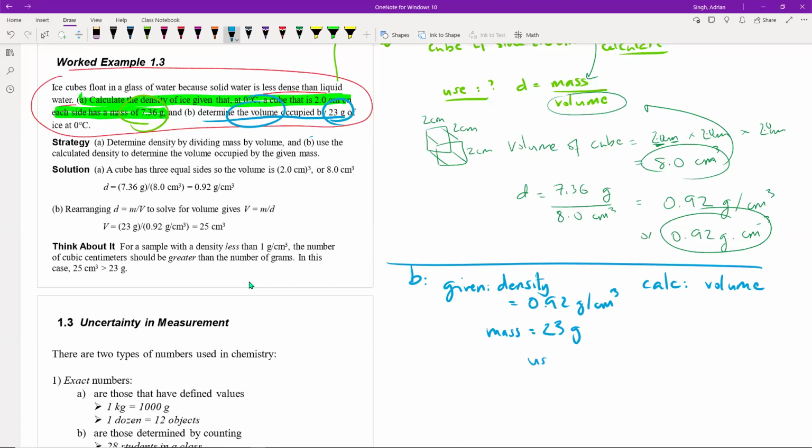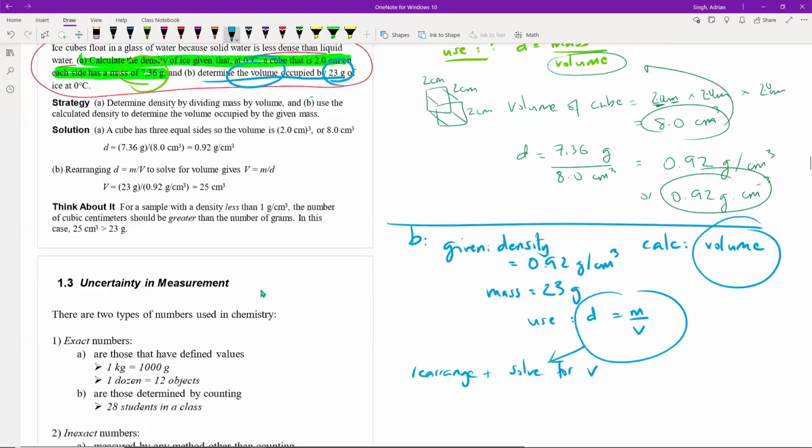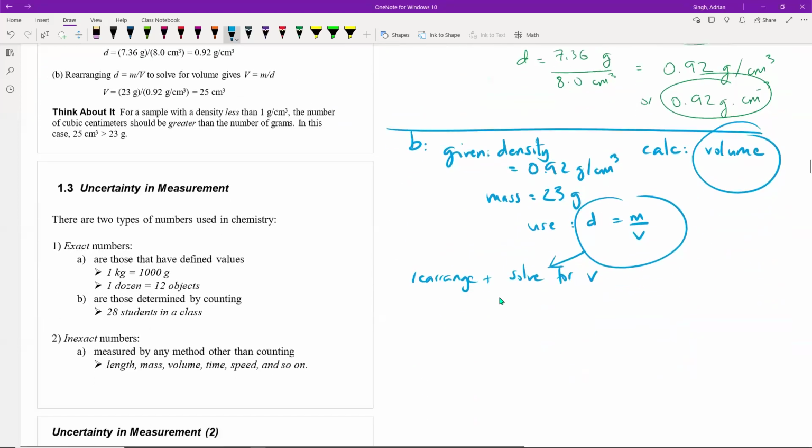Okay, so what we're going to use is that density equation, D equals M over V. Now I need to calculate volume, so I need to take this equation and rearrange it and solve for the volume. There are a couple ways that you can do this. Let me show you one way.